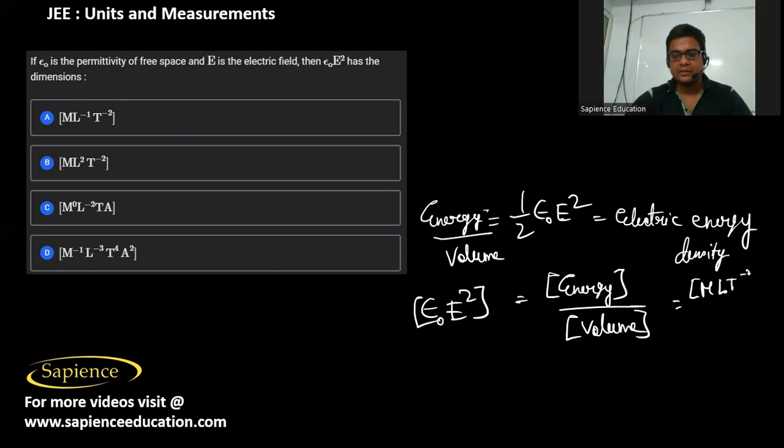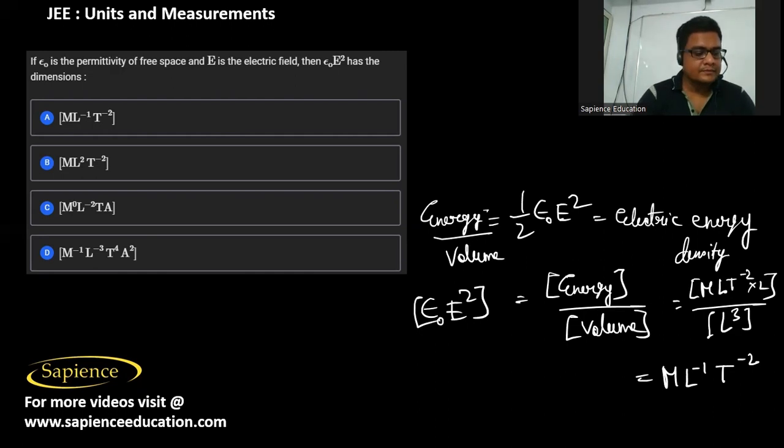So which is M L T power minus 2 into L, divided by L power 3. So this will be equal to M L power minus 1 T power minus 2. So it means that option A is the correct answer.